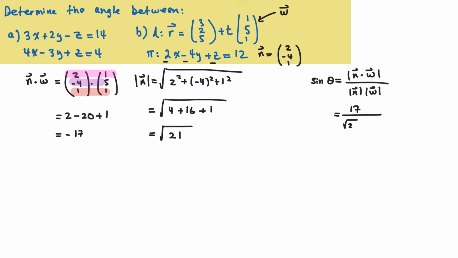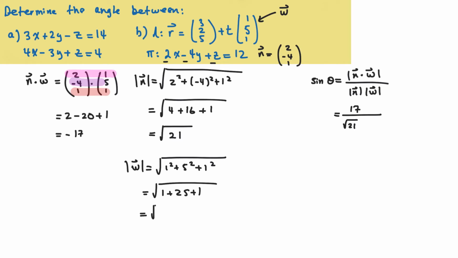So we get root 21 down here. For the magnitude of the direction vector of the line, we take the root of the x component squared plus the y component squared plus the z component squared. That is going to be 1 plus 25 plus 1, and when we add them up, we get root of 27, which goes down here.